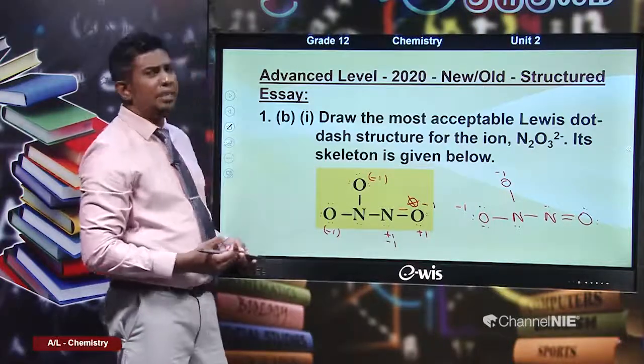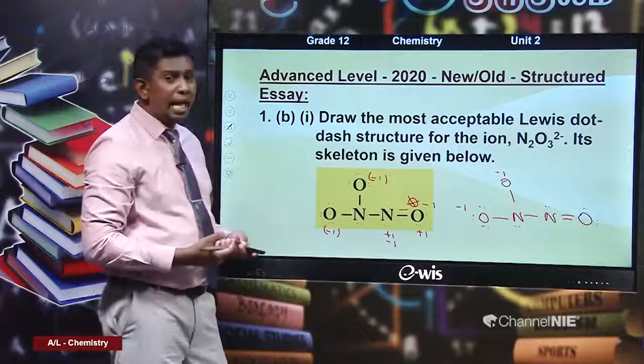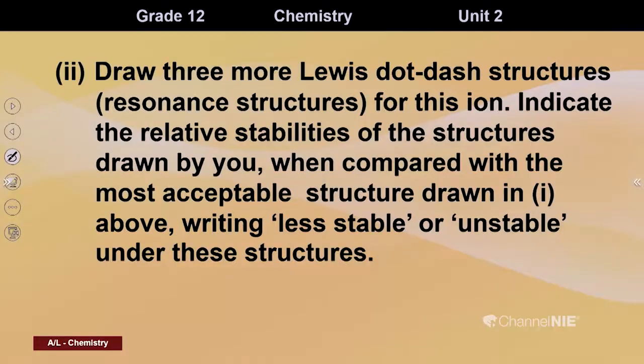Then, students, in the same question they have asked us to draw resonance structures as well. Draw 3 more Lewis dot dash structures, meaning resonance structures, for this ion, and indicate the relative stabilities of the structures drawn by you when compared with the most acceptable structure drawn in part 1.